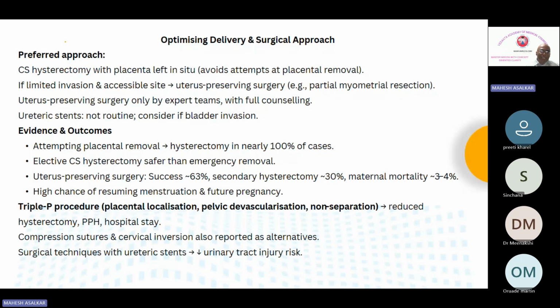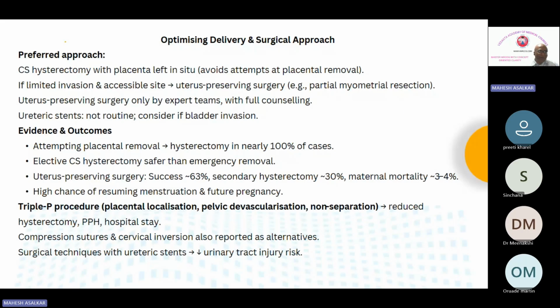If there is limited invasion and an accessible site, in that particular case uterus preserving surgery, that is a partial myometrial resection, can be tried. If you have a localized or limited invasion of the placenta, you can try this partial myomectomy and uterus preserving surgery. This is to be done by expert teams with full counseling.